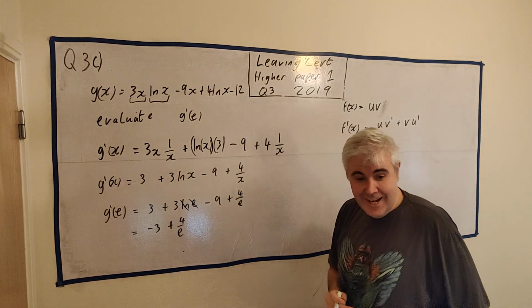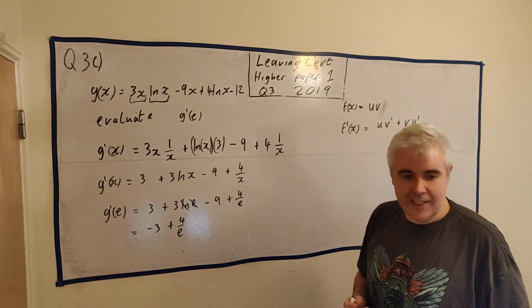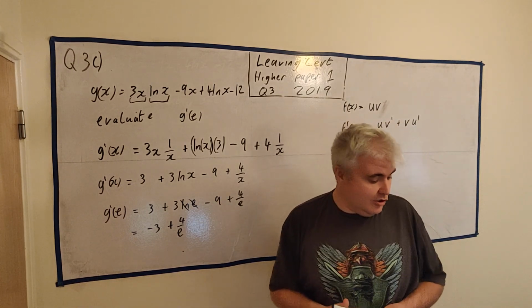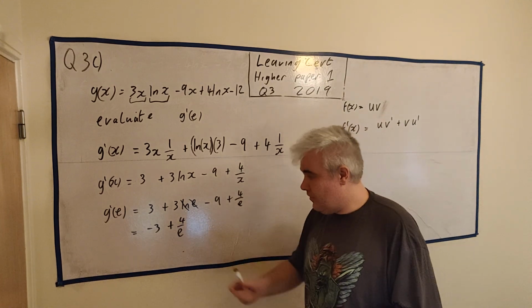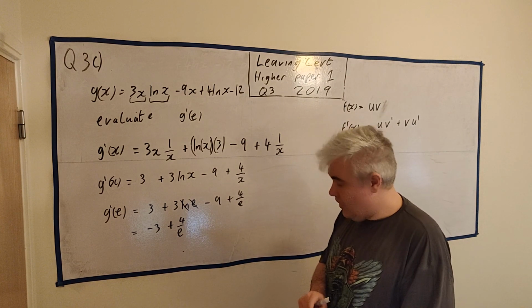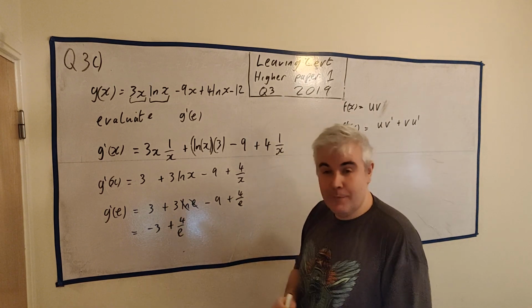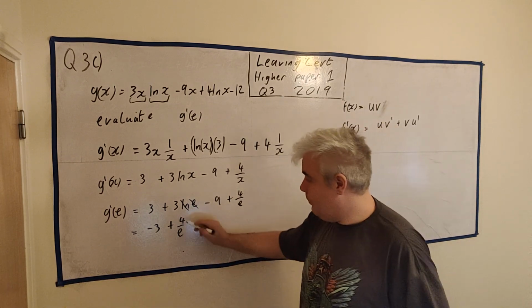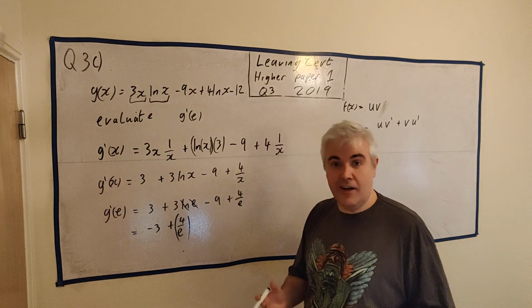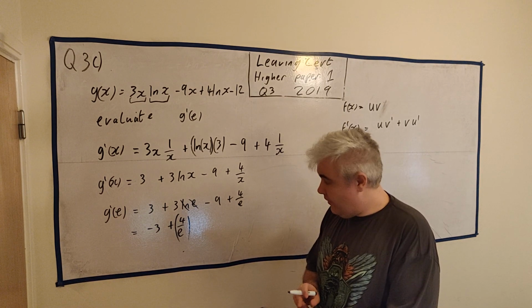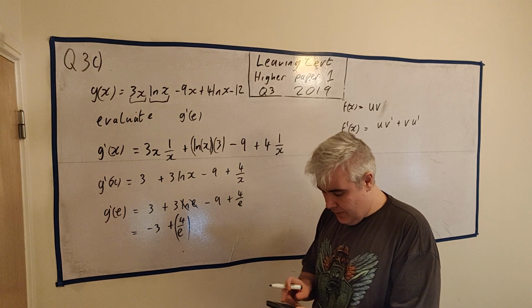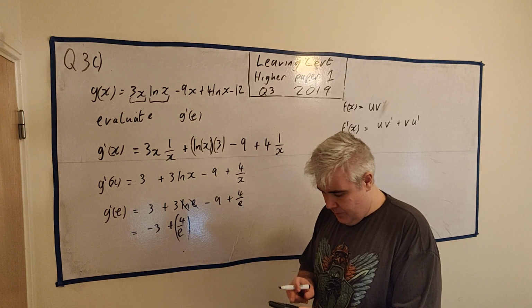That is the exact answer, but they didn't want the exact answer. They asked for it correct to 2 decimal places. So to do that, we just get our calculator and type this in. We have minus 3 plus, and I like to put big brackets around when I'm doing big things with calculators. I like the calculator not to get confused. I'm not the best with it. So I put nice brackets in, and then 4 divided by e. Where is my e? Here it is.